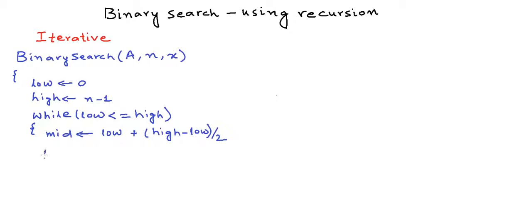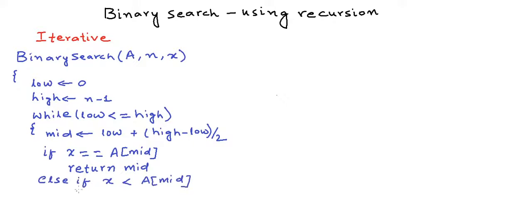Now there are three conditions. If x is equal to the middle element, we have found x in the array, so our search is over. We return the index mid and exit. Else if x is less than the mid element, we adjust high to mid minus 1 to discard anything on or after mid, because x is less than the middle element and the array is sorted.